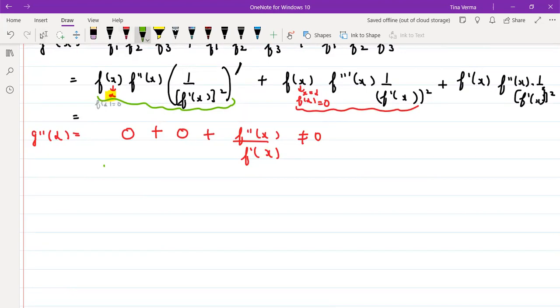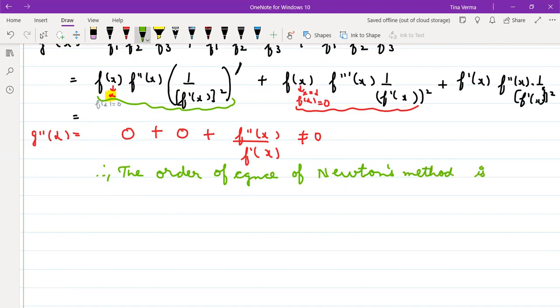Therefore, the order of convergence of Newton's method is at least quadratic. Or, sometimes we skip the words, we show that the convergence is quadratic.